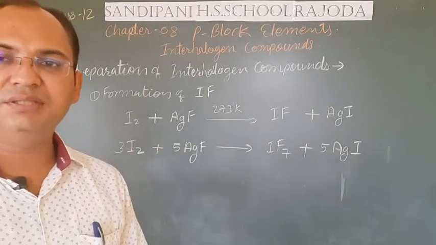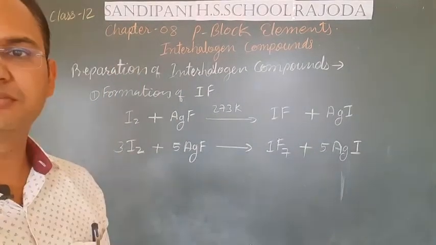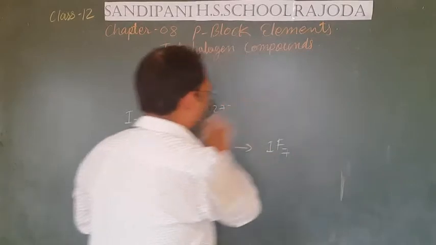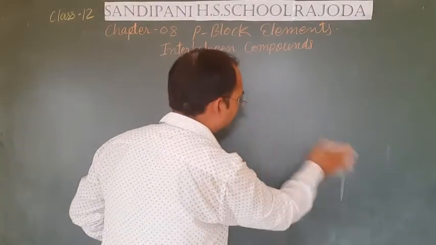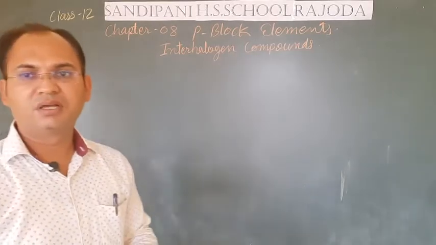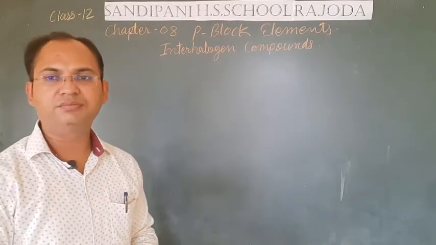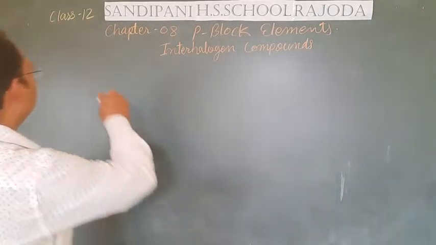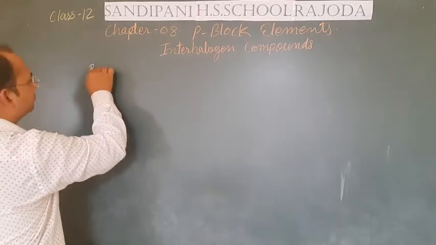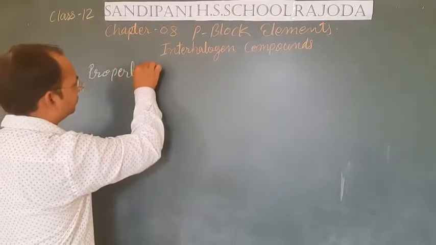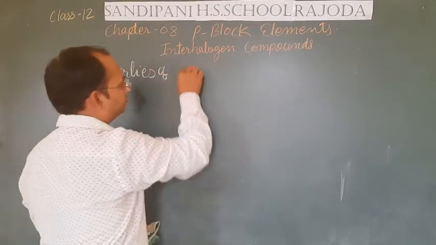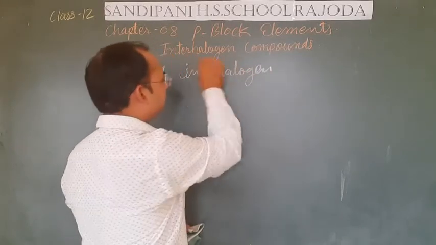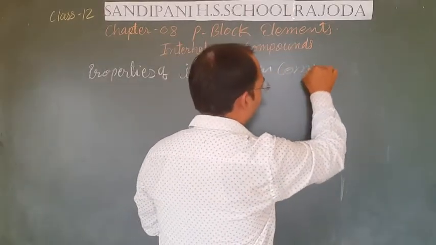Now students, let's see the properties of interhalogen compounds. Their properties are mainly based on electronegativity, because interhalogen compounds are formed due to the difference in electronegativity.